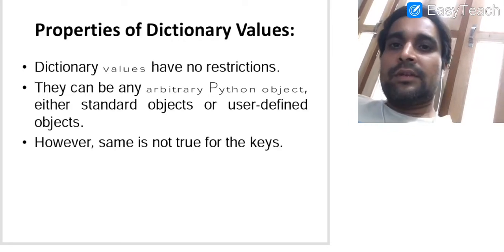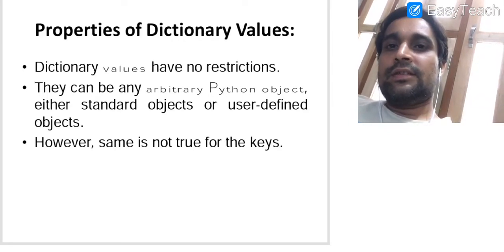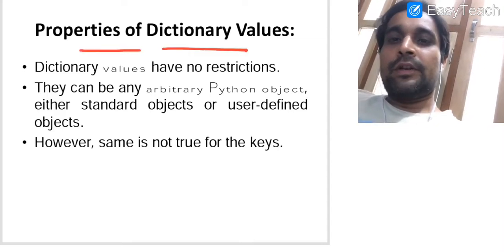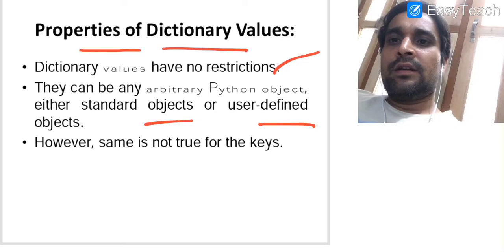Now there was some restriction about the dictionary keys that we are using in a dictionary in Python. Is there any property or restriction on values also? Let us discuss this. Dictionary values do not have any restriction. They can be of any Python data type, user defined or standard object.